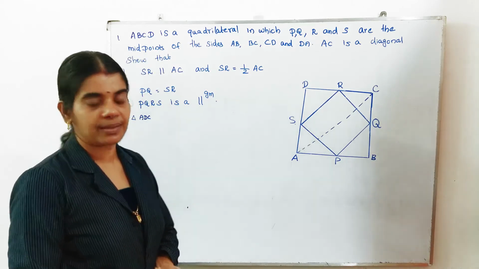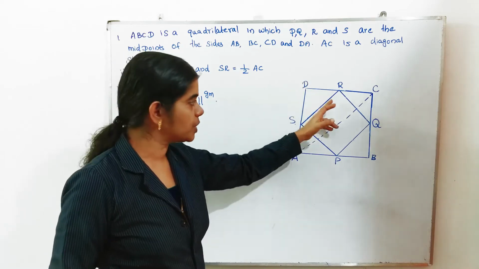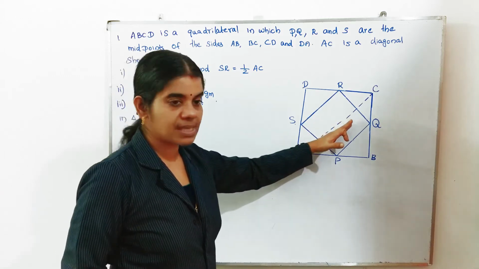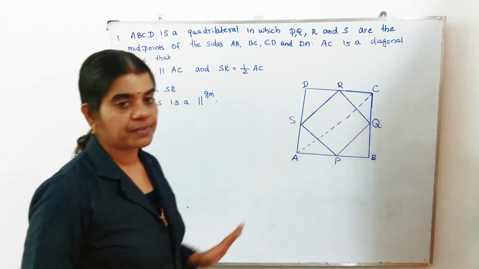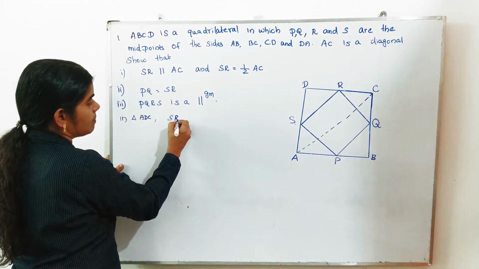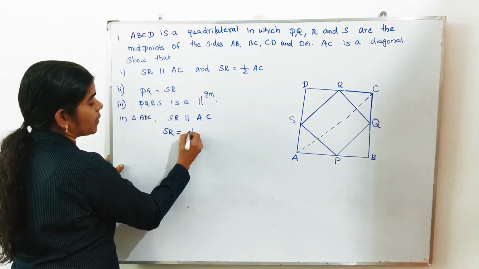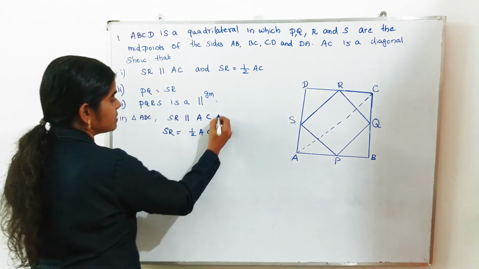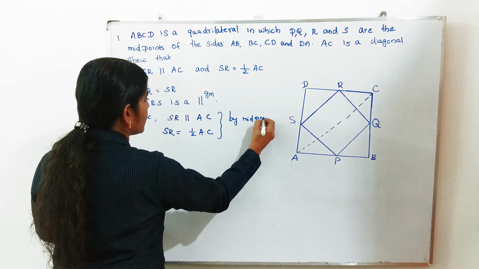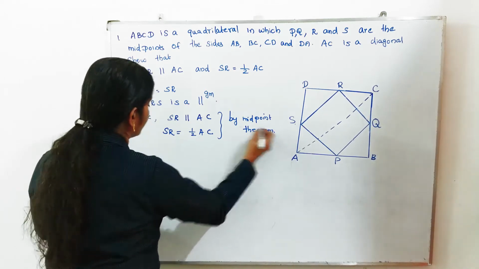In triangle ADC, S and R are the midpoints of two sides, and joining them gives a line parallel to AC with length half AC. The reason is the midpoint theorem. So the first question is over.